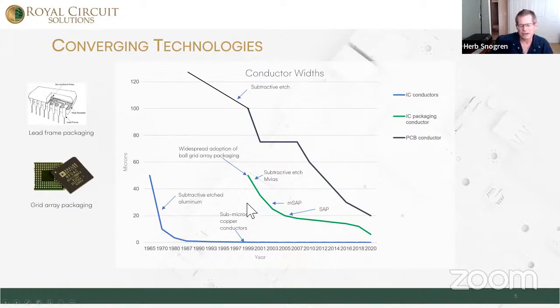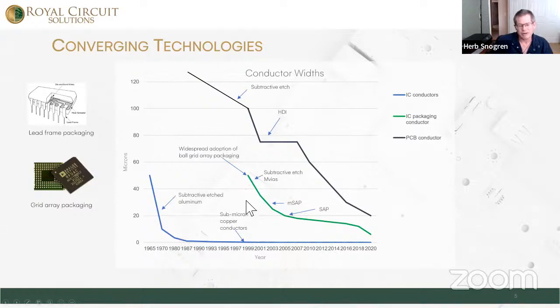As the component density increased, we had to decrease the line widths, and so there was a continuous decrease in line widths. In the late 90s, when we introduced these BGA patterns, we had to use HDI technology on the printed circuit board. So that was using finer lines, Microvias for routing.